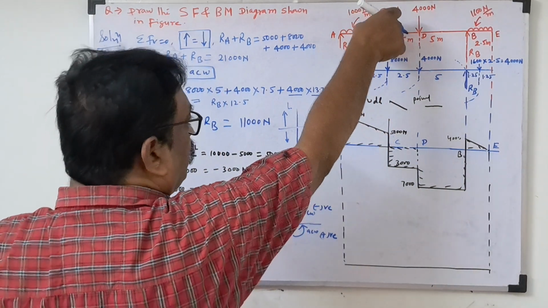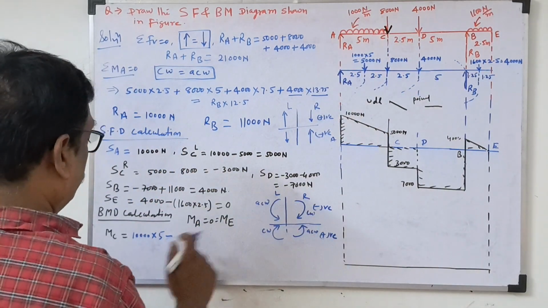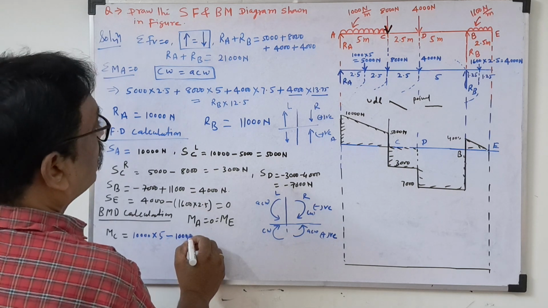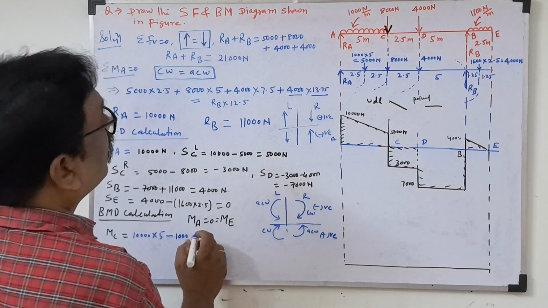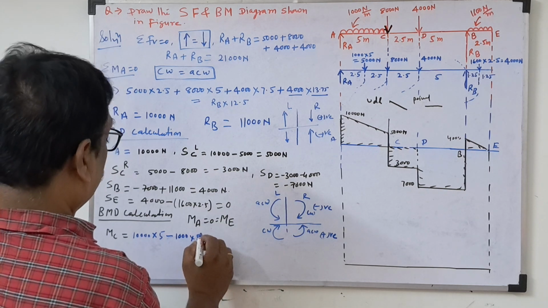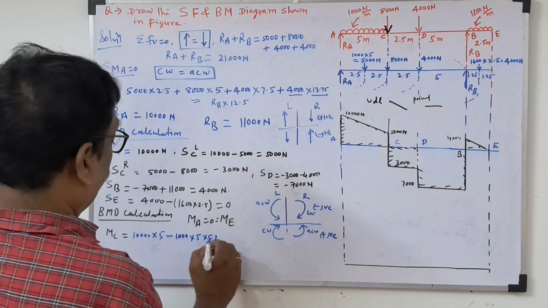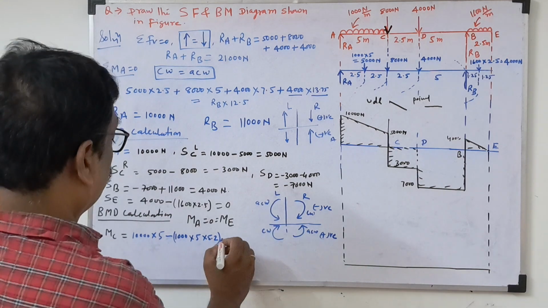Then UDL load will be at point C anti-clockwise, negative. So negative how much? 1000, convert into load first. 1000 into 5, this is the load, into 5 by 2. What is 5 by 2? This is the half distance. These calculations we will do now.